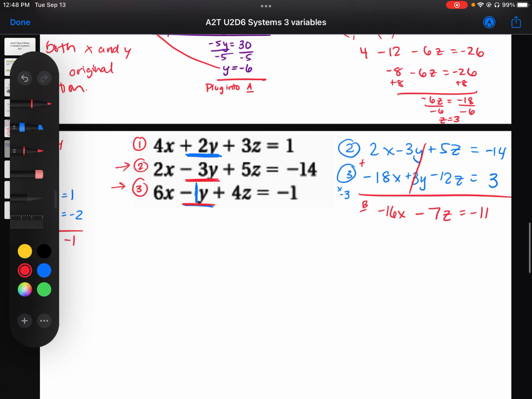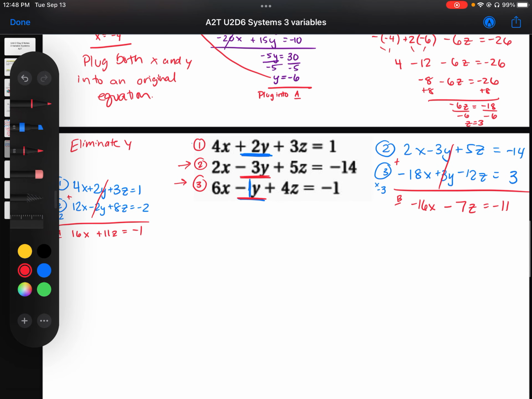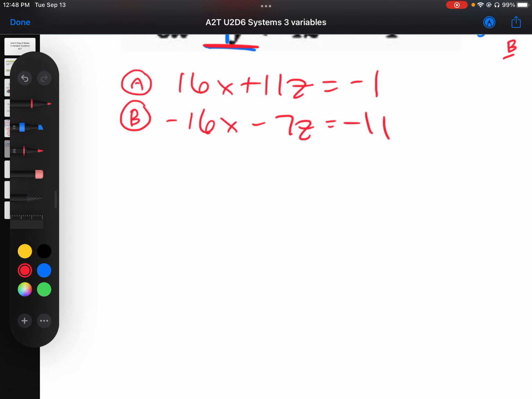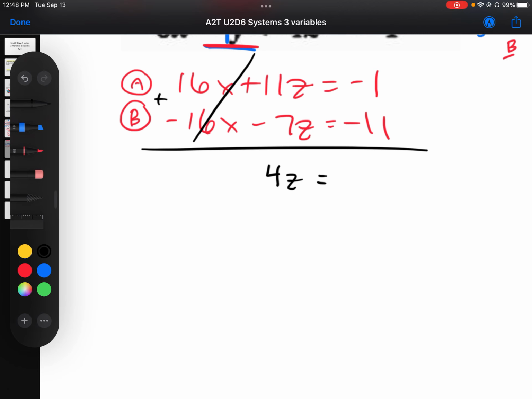Now I take equation A and B. I'm going to work in the middle here with those. Equation A and B. 16x plus 11z equals -1. -16x minus 7z equals -11. All right. Now if I add these two equations, x's are going to cancel. This is beautiful. X's cancel out right away. I do not have to manipulate these. 11 plus -7, 4z. -1 plus -11 is -12.